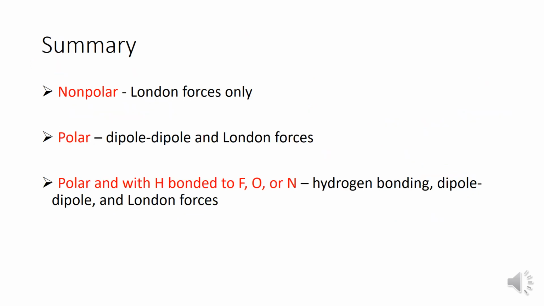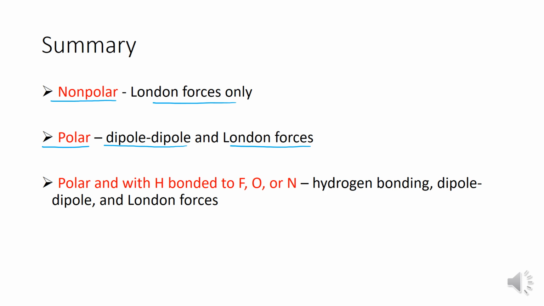In summary, we should remember the following. For all nonpolar molecules, the only non-covalent intermolecular force present is the London force. Given a polar molecule, the non-covalent intermolecular forces present are the London forces and the dipole-dipole force.